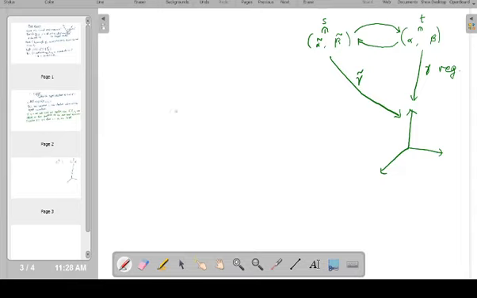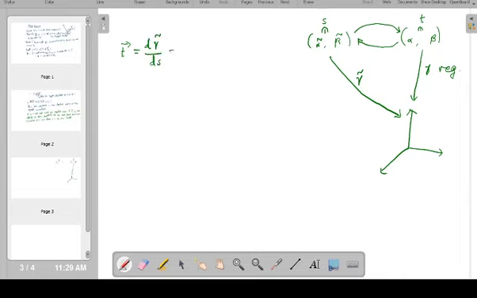Therefore we have vector T. Look at the unit tangent vector T, that was defined as the unit tangent vector of the unit speed reparameterization of gamma with respect to arc length. So T was by definition d gamma tilde divided by ds.